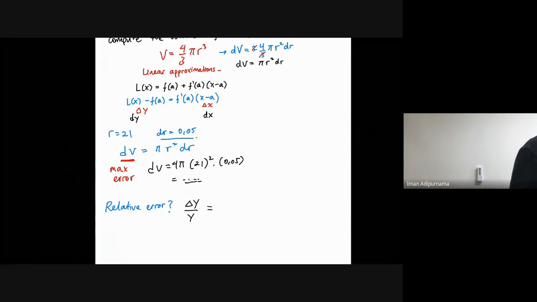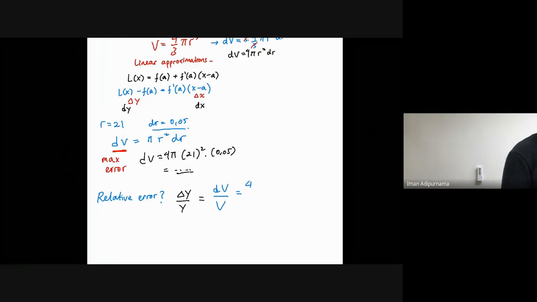So we can write this as dV over V. Okay. Oh sorry, this is 4. So dV is 4 pi r squared dr, and V is 4 over 3 pi r cubed.